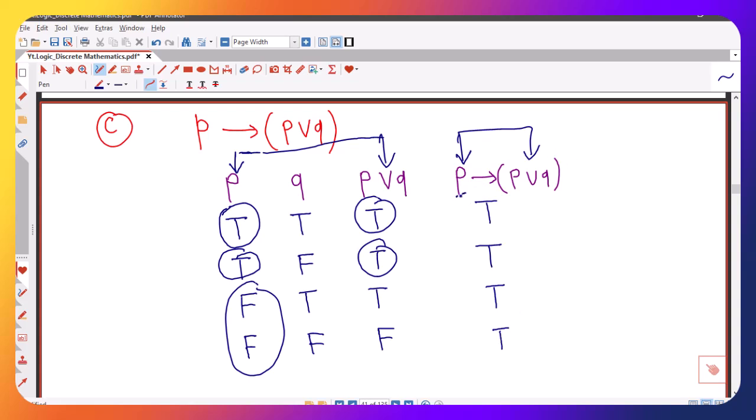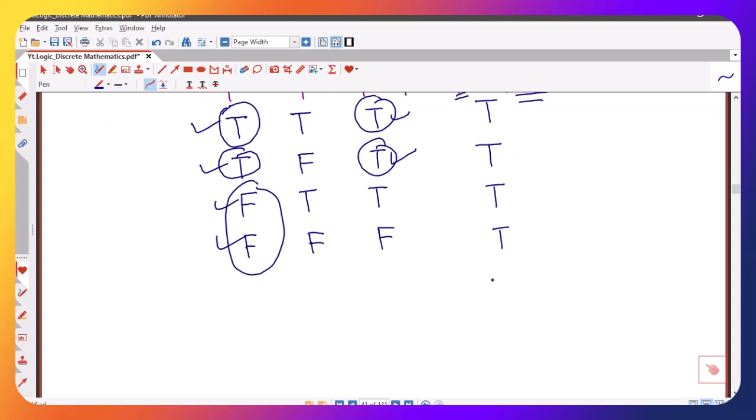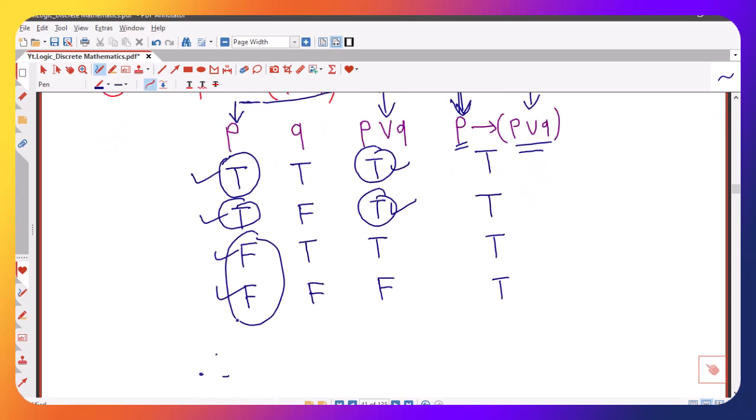It is false only if P is true and P or Q is false. But whenever P is true, P or Q is true, and in this case we consider this as true. So all the values in the last column have truth value T. Therefore P implies P or Q is also a tautology.